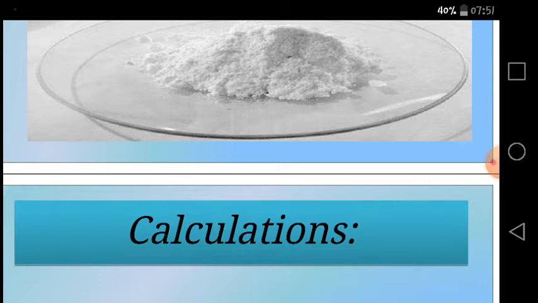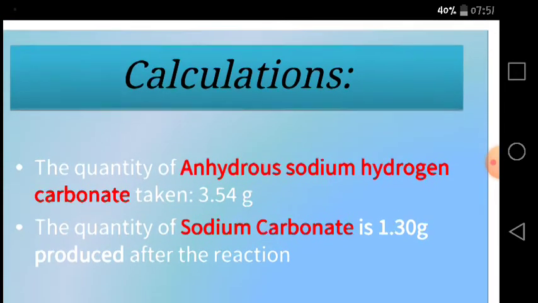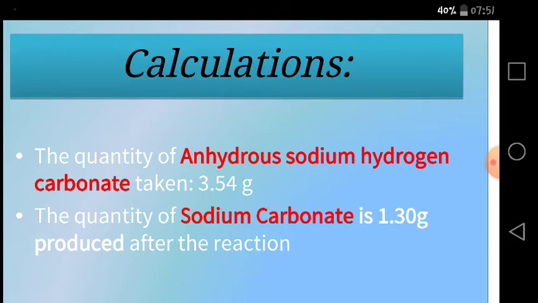And for this purpose I have helped you so that you can calculate the other questions. The quantity of anhydrous sodium hydrogen carbonate which is taken is 3.54 grams, while the quantity of sodium carbonate produced after the reaction is 1.30 gram.